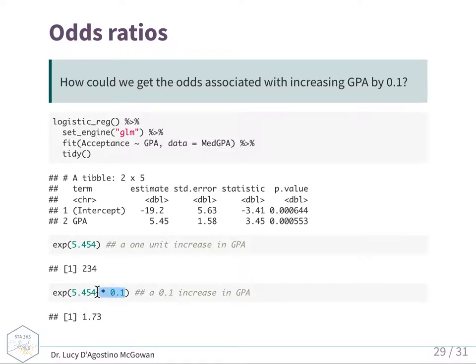To do that, inside the exponentiation we multiply our log odds coefficient, 5.45, by 0.1. That gets us a 0.1 increase in GPA, and that results in 1.73. So we would say that a 0.1 increase in GPA yields a 1.73-fold increase in the odds of acceptance.